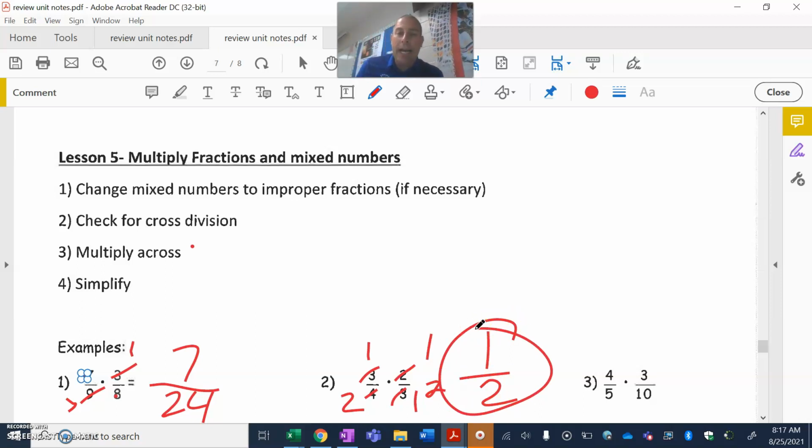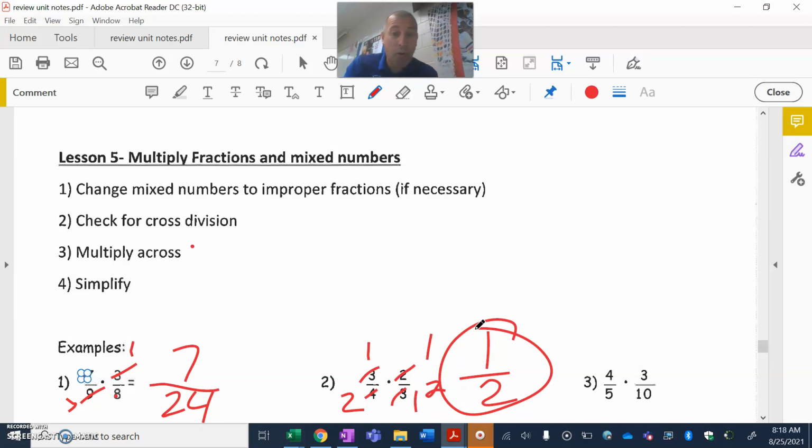The thing to keep in mind here is don't make the generalization that you're always looking for the smaller number to fit into the bigger number. That's not always the case. And we're going to see that in question number 3. Look at the 3 and the 5. No cross division. Look at the 4 and the 10.